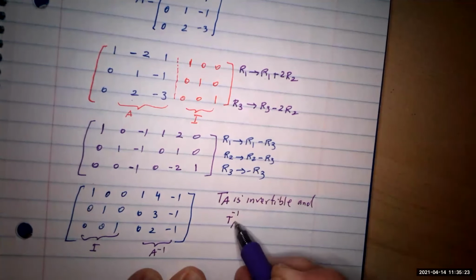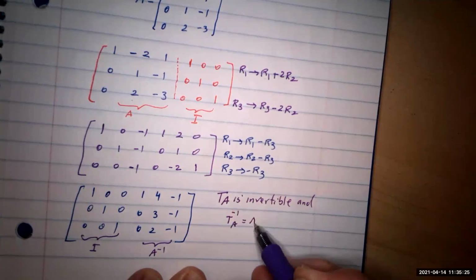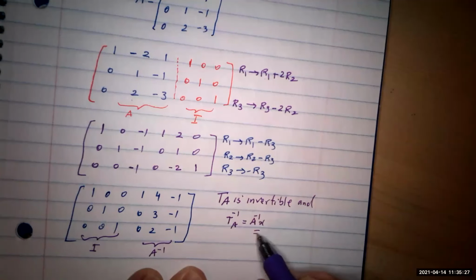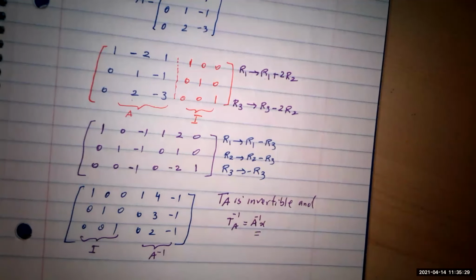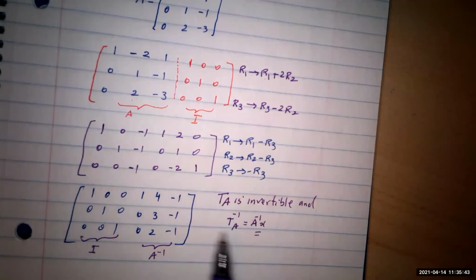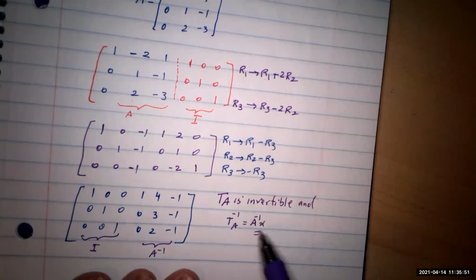T inverse of A is going to be A inverse times X. Okay, you have to give us a formula, and that would be easy to find. Okay, you know that the A inverse is coming from here. You can do it right away, or just if you want a justification, this is it.